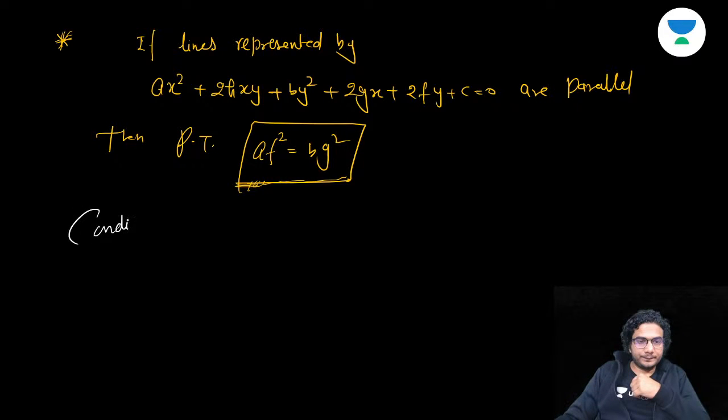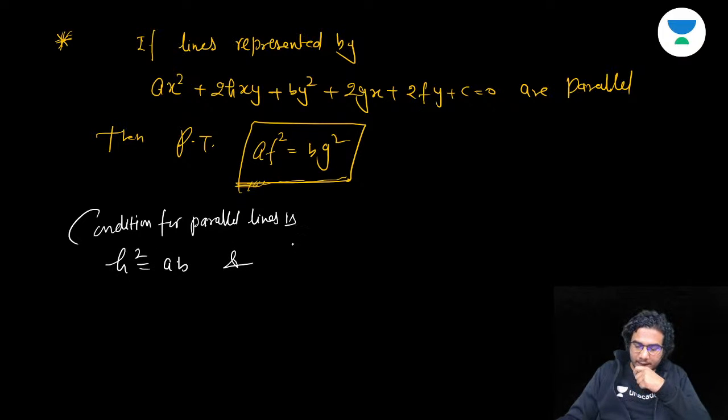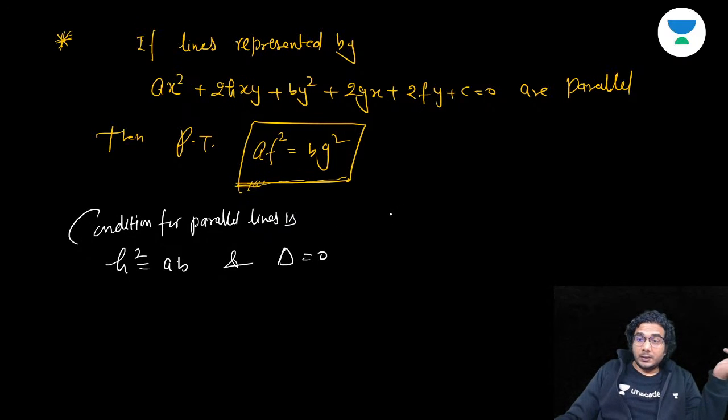Condition for parallel lines is h square is equal to ab, and delta is equal to 0 for this equation to represent two lines. Okay, delta should be 0. We need to combine these two conditions.